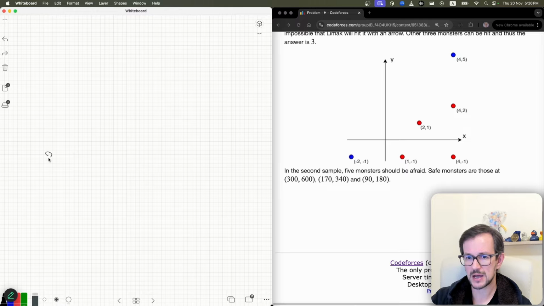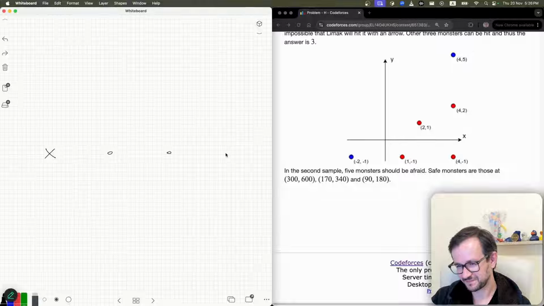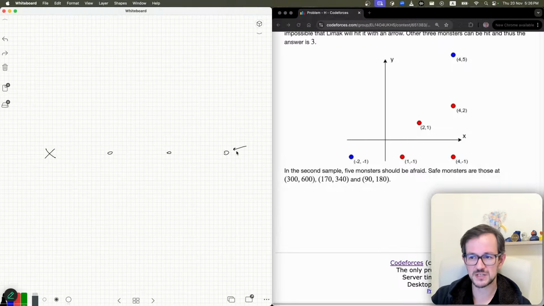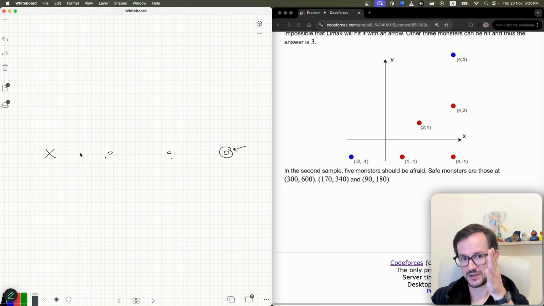So we have some gun here. Let's say X is the gun, and we have some monsters. Now to kill this monster, we need to kill these two monsters before, because they are kind of on the side of the fire.